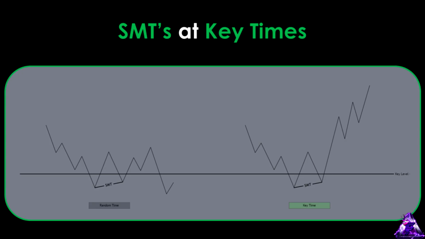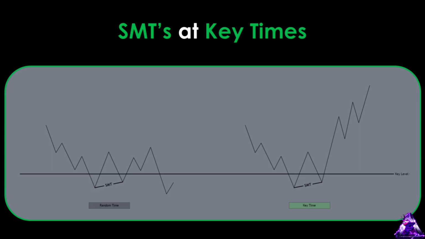On the 4-hour time frame, it would represent a key time or day of the week, and on the 1-minute time frame, it could represent a silver bullet or key times like the 3 a.m., 8 a.m., 9 a.m., 10 a.m., and so on. The grey area, on the other hand, represents the opposite of a key time, essentially a low probability or unfavourable time that we would want to avoid, the same as the previous slide.